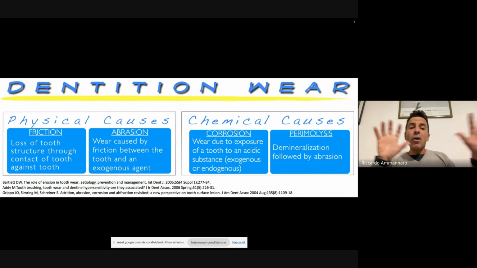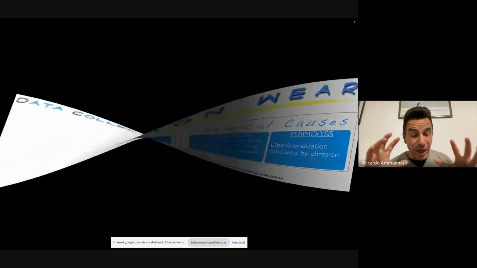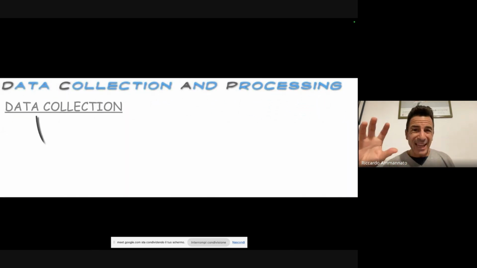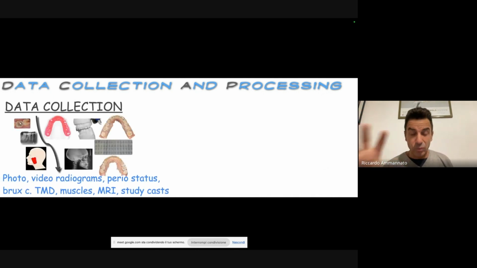All these physical and chemical causes are very often merged together. It's a cofactorial problem. Maybe in some cases we have a higher percentage of a physical cause, and in others something more on the chemical side, but very often they are together. That's why it's not so easy to detect the real cause of the tooth wear that a specific patient has.